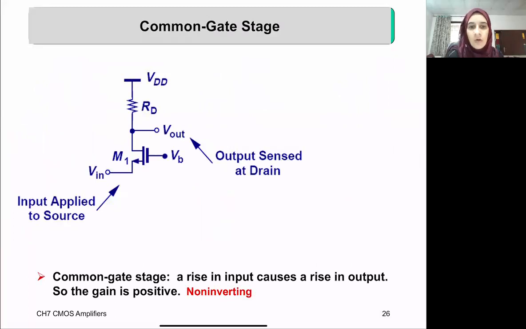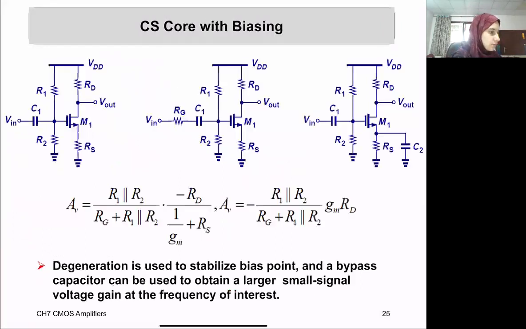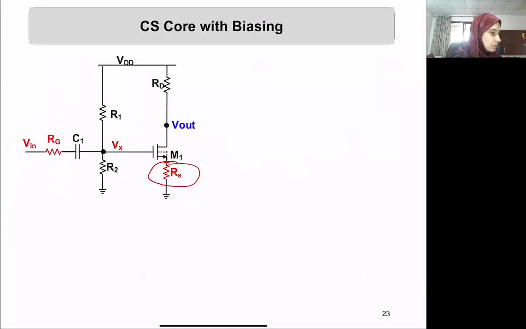Any question on the common source with degeneration or a common source, or whatever we did so far? Ma'am, what does RS do in biasing? It basically fixes the voltage. Let me go back here again.